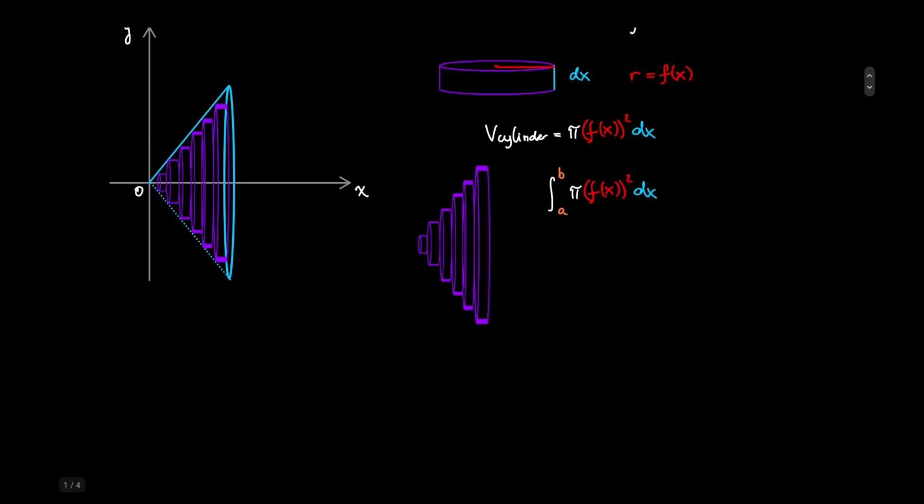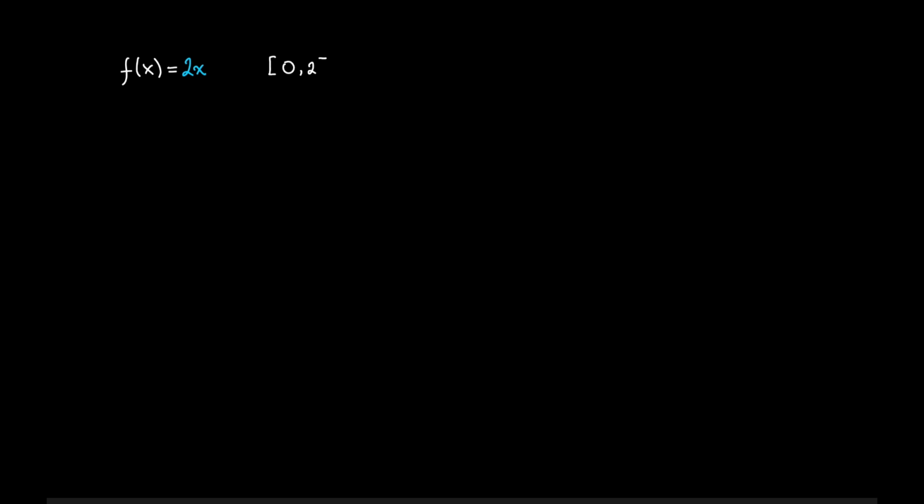Let's show you an easy example just with the function that was given to us, f of x equals 2x. Let's say this function was rotated around the x-axis by 2 pi radians, in other words, 360 degrees, and we're asked to calculate the volume from 0 to 2.